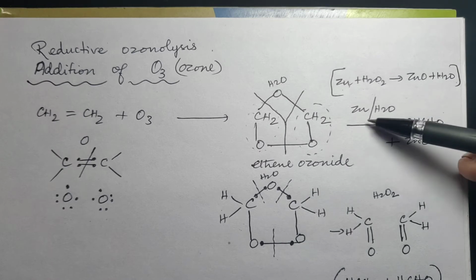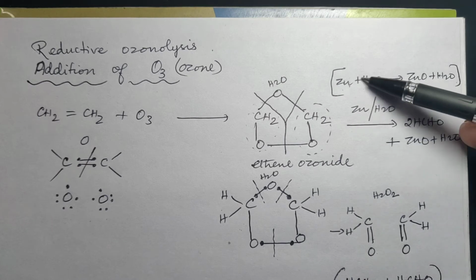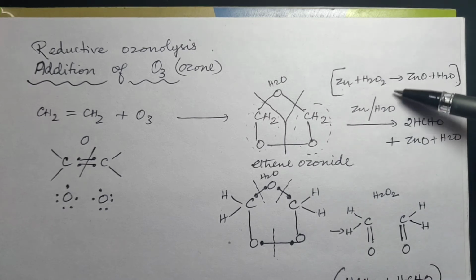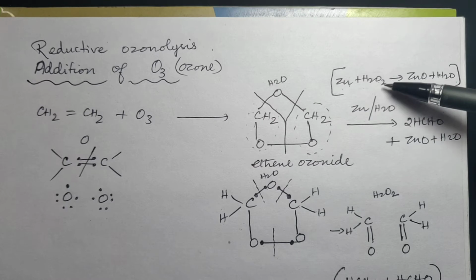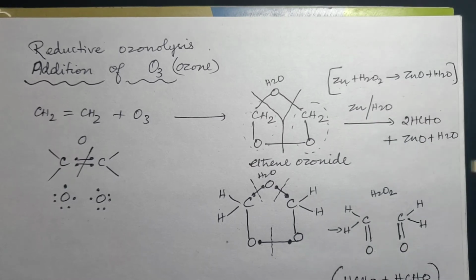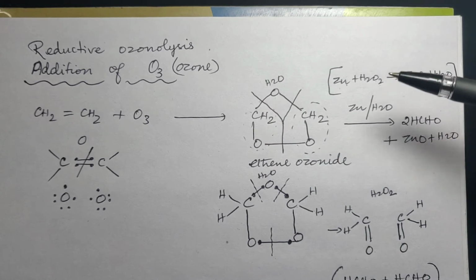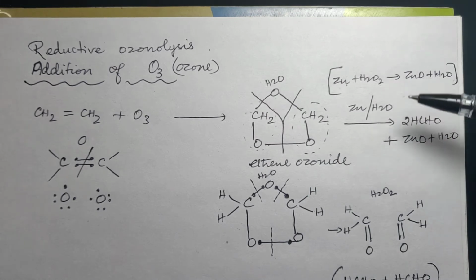If we are not adding this zinc, what will happen? This H2O2 will be there. Now this H2O2 can act as an oxidizing agent as well as a reducing agent. H2O2 has this capacity. So what will happen?